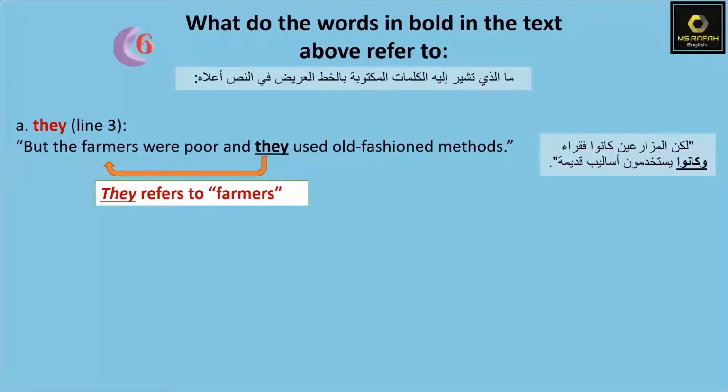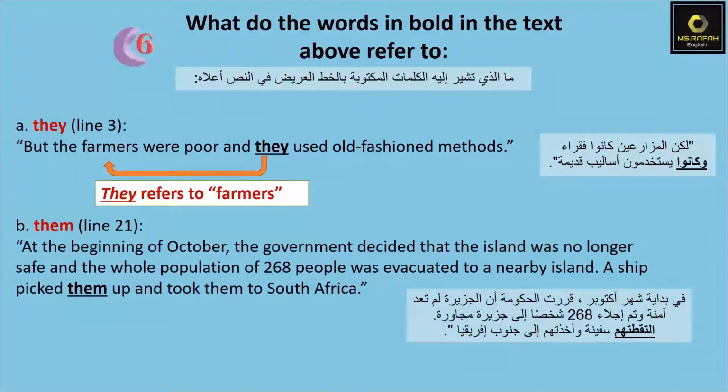The next one, we have the word them in this line. At the beginning of October, the government decided that the island was no longer safe and the whole population of 268 people was evacuated to a nearby island.